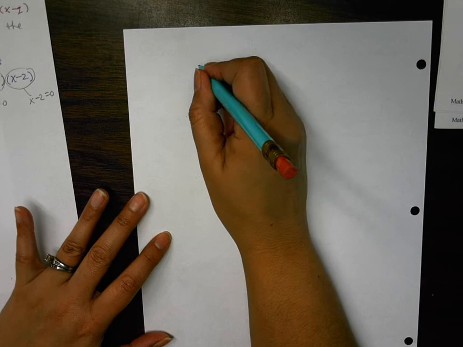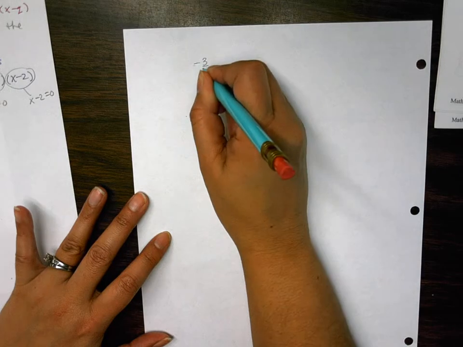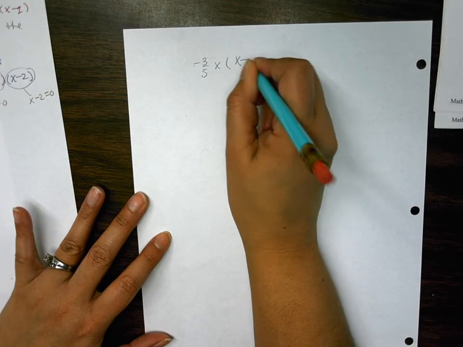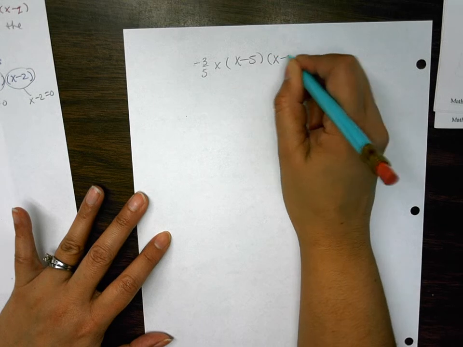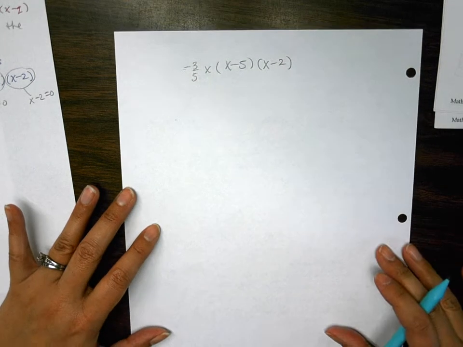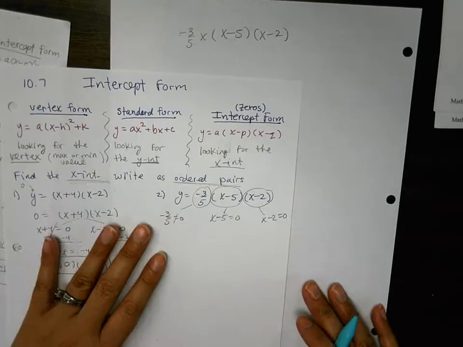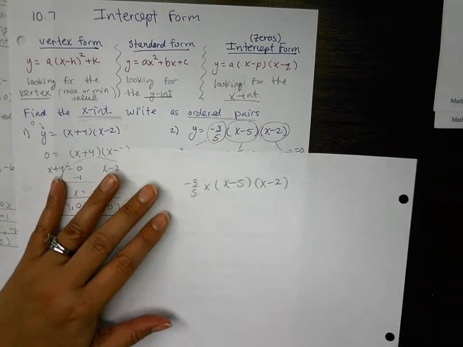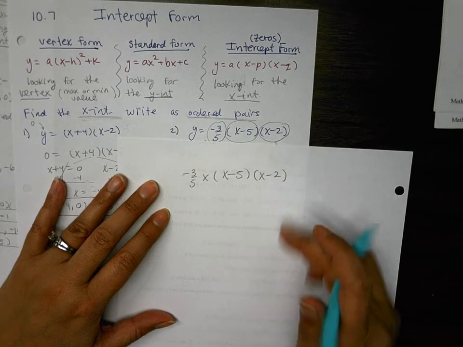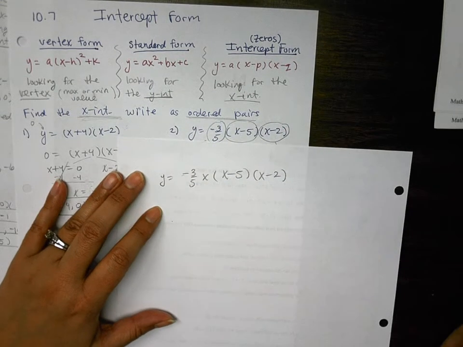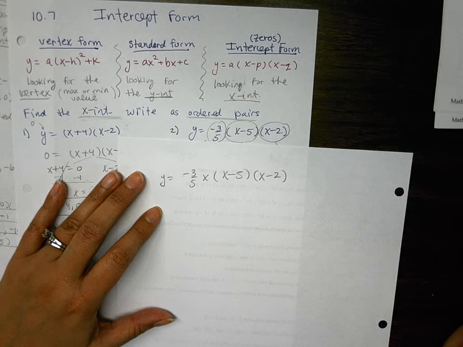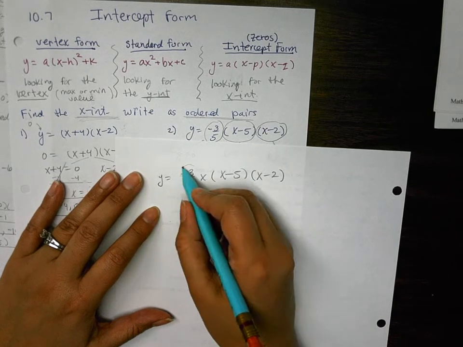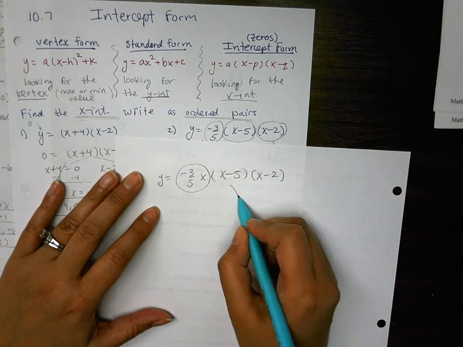So how is that different from, say, this? Negative 3/5 x, x minus 5, and x minus 2. Is there a difference? Is there a difference? Yes or no? Anyone see it? The x.